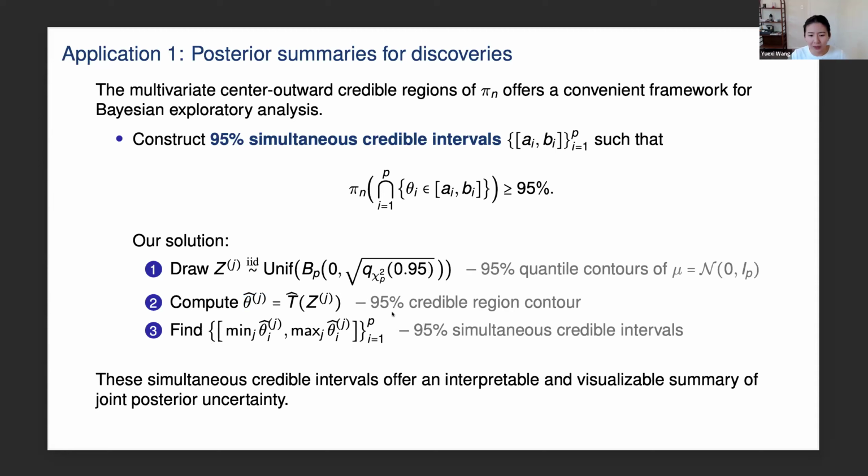Because the 95% credible region is guaranteed to contain 95% of the probability mass, the smallest box that contains this contour will automatically have at least 95% posterior probability mass. So these simultaneous credible intervals can be a nice way to have an interpretable and visualizable summary of the joint posterior uncertainty.